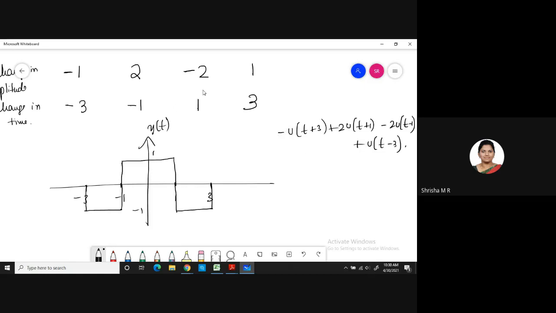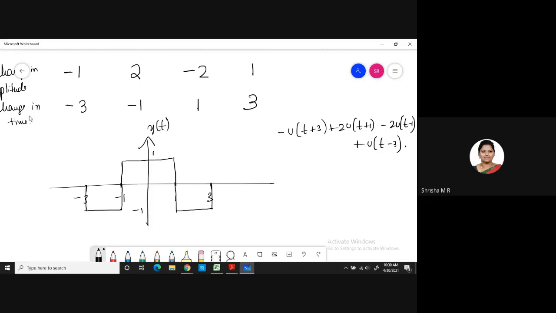You have to write the amplitudes of each function. We have 4 functions, so you make 2 columns, change in amplitude and change in time. The amplitude of the first function is -1, write -1. In the second function, it is 2, write 2. In the third function, you have -2, write -2. And in the fourth function, the amplitude is 1, write 1.